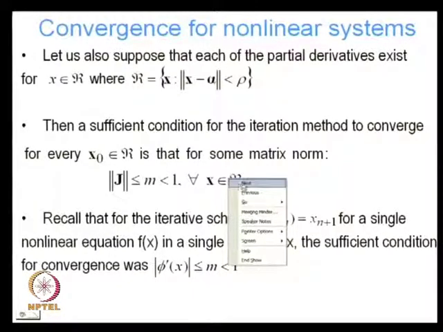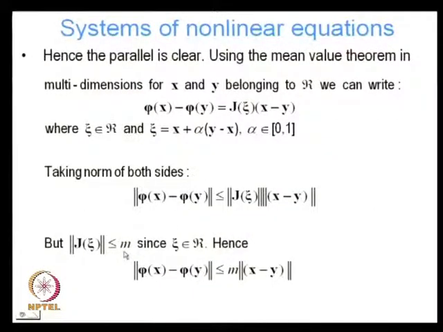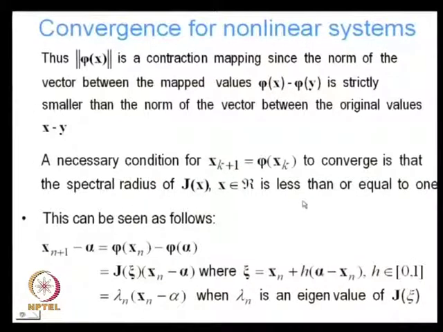Since xi belongs to R, this must be less than or equal to m times norm of x minus y, since norm of J of xi is less than m. Thus, we can say that phi of x is a contraction mapping.